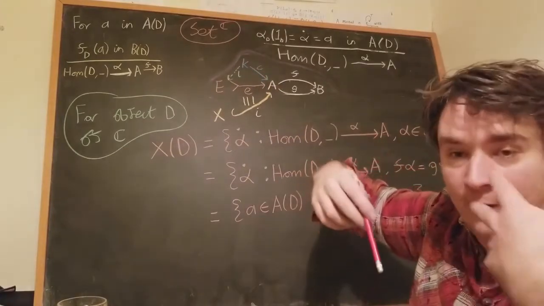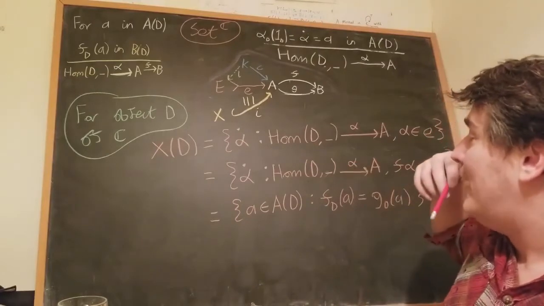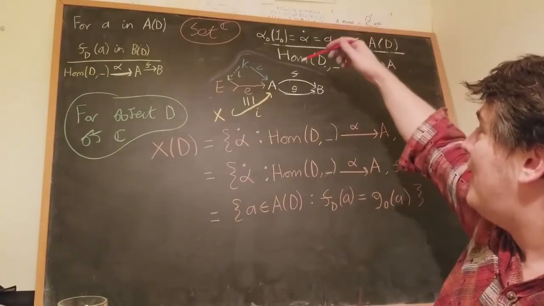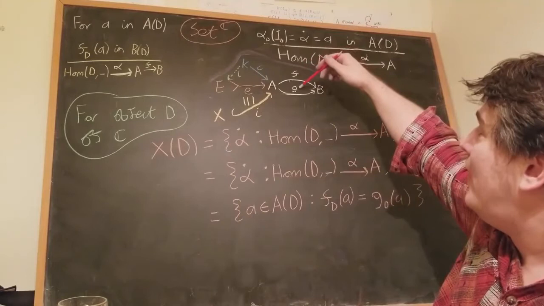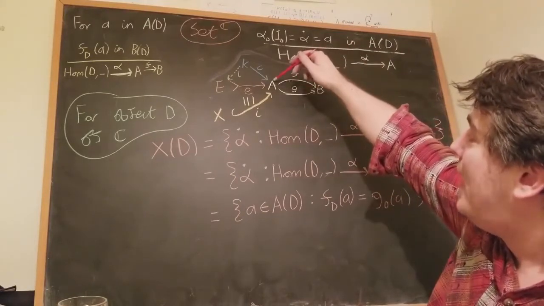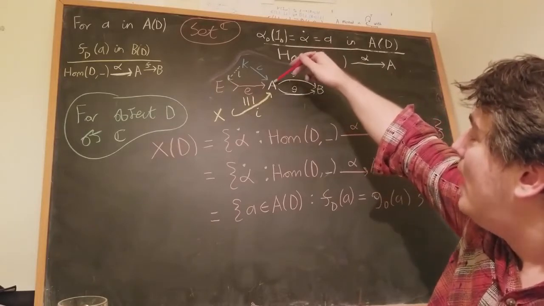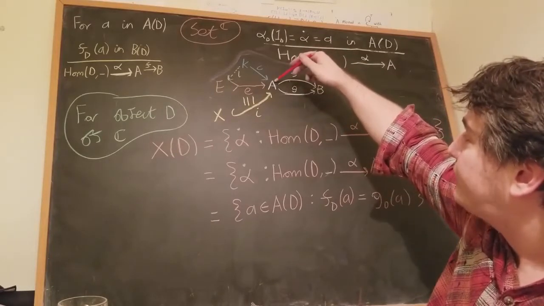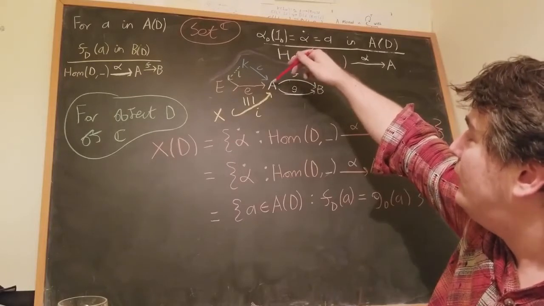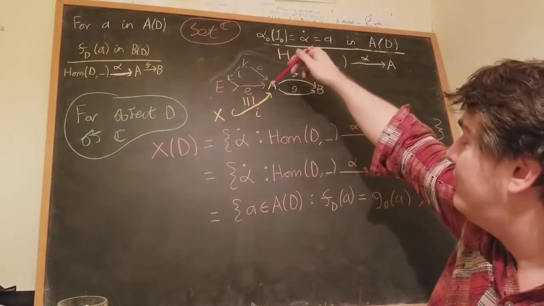And so they're going to send this object D to a set. For example, say we have a couple of arrows like this, F and G, that we want to make an equalizer of. Here A is an object, the source of these arrows we're focusing on. And we can think of the equalizer as a kind of subobject of A.